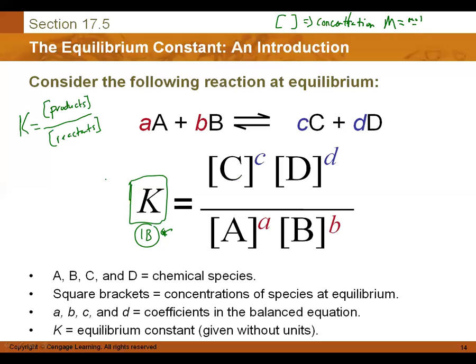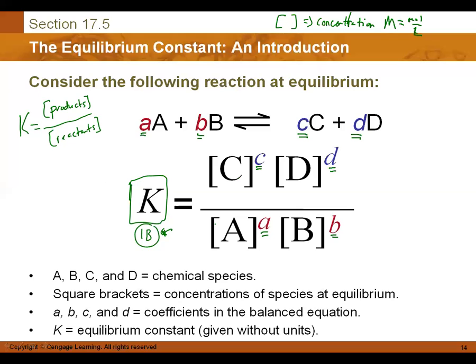And there's an important thing here. When we do our products over our reactants, we actually do take the coefficients from the balanced equation, and they become the exponents in our expression. So that's an important aspect of calculating K: we take the coefficients as our exponents.